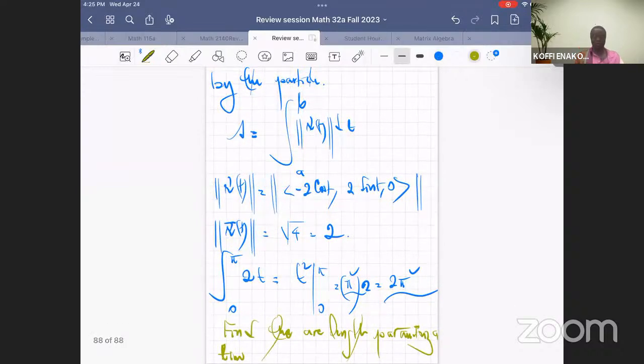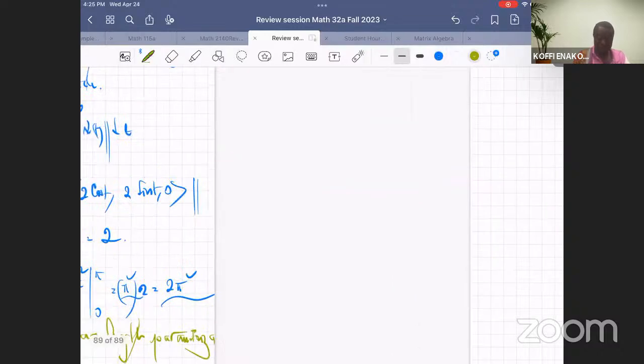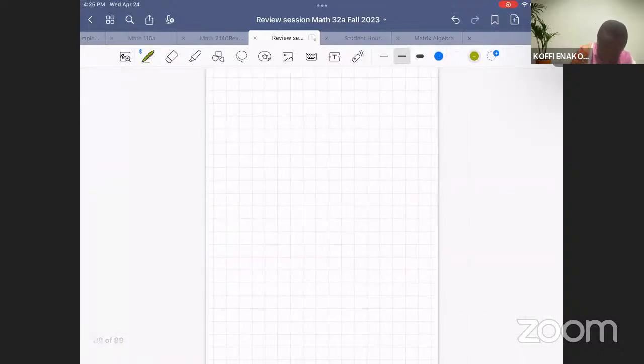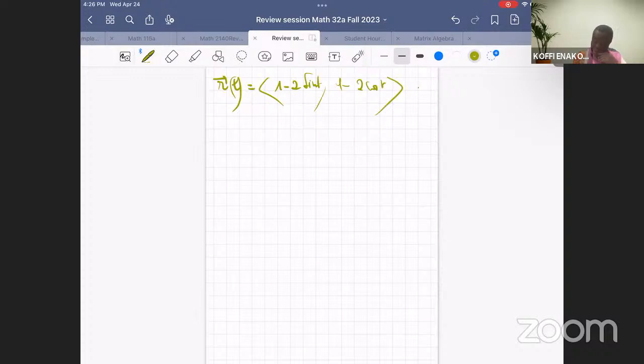Okay, so let's do that. For this arc length parameterization, we said r of t is 1 minus 2 sine of t, 1 plus, actually, not t.